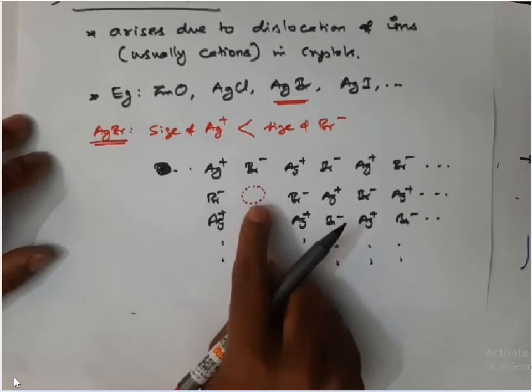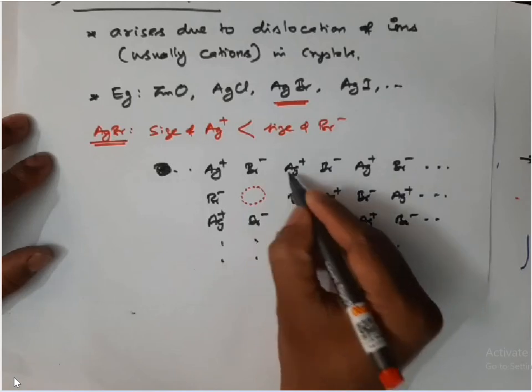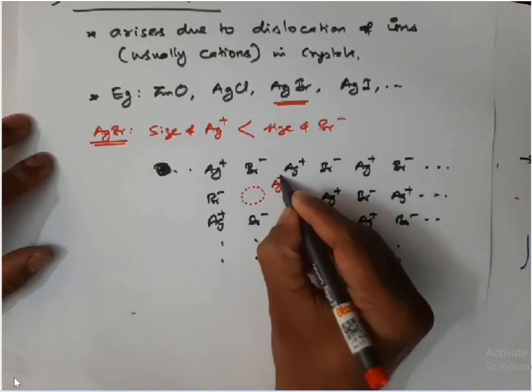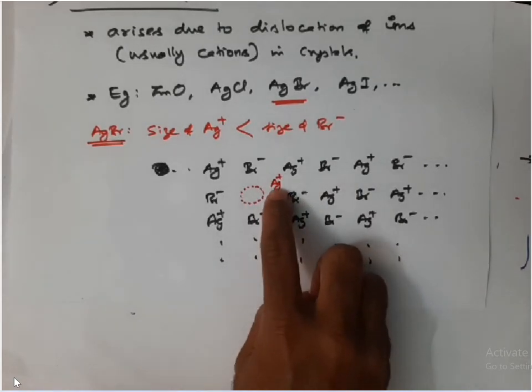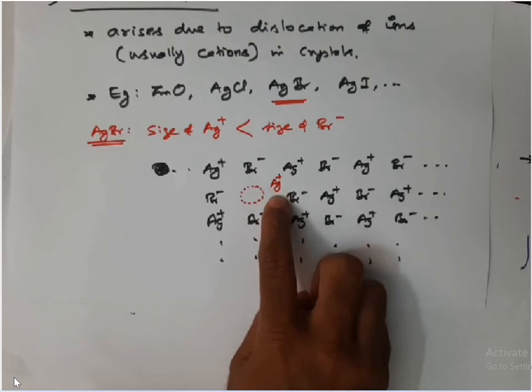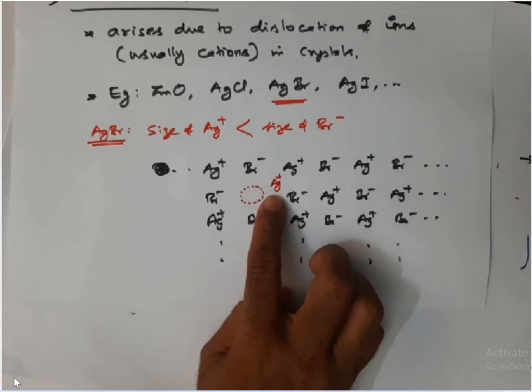Sometimes the silver ion, instead of occupying its proper position, will occupy an interstitial position. See, a silver ion is occupying an interstitial position. So in silver bromide you can see what is called the interstitial defect, and this defect is what we call Frontal defect.